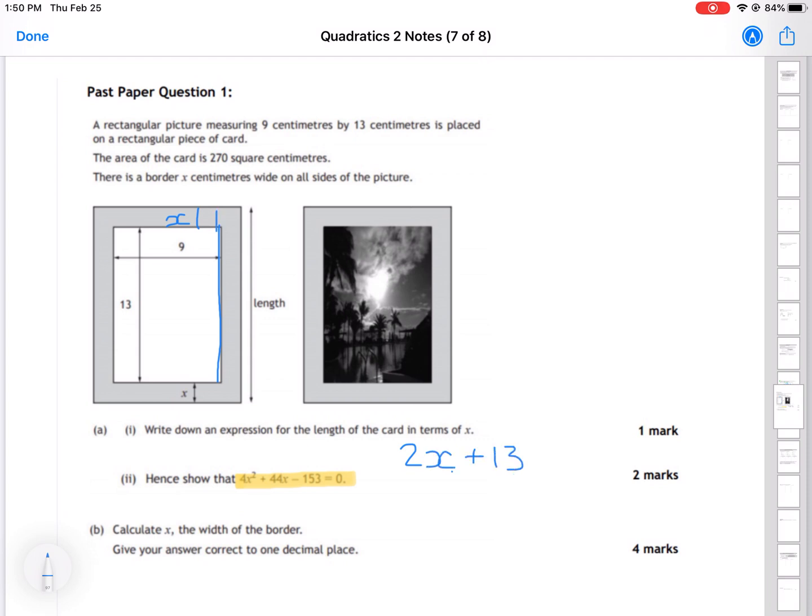So I've got x here, this bit's 13, and this bit is also x, so two lots of x and also 13 as well.